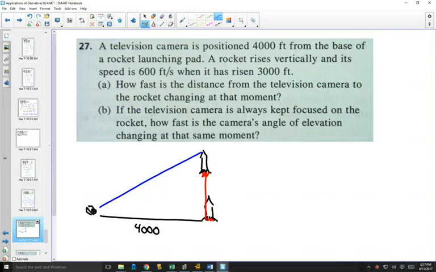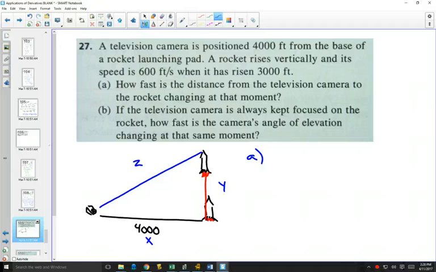So part A is a right angle triangle one like we've done before. I'm going to call this my x, this my y, and this z. And all of them except for x are functions of time.